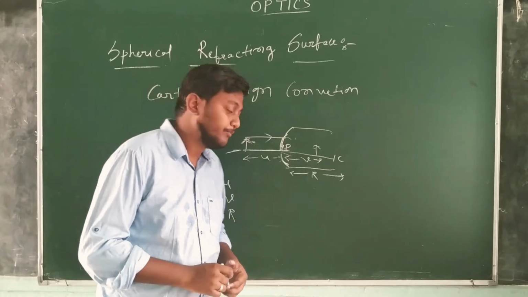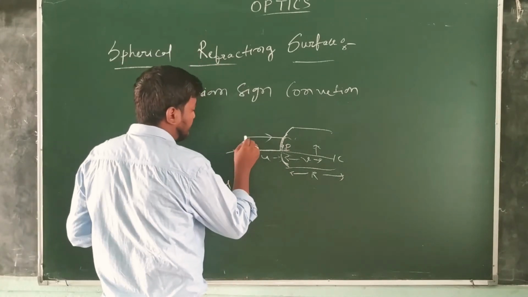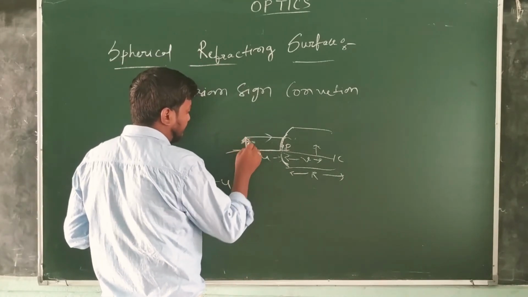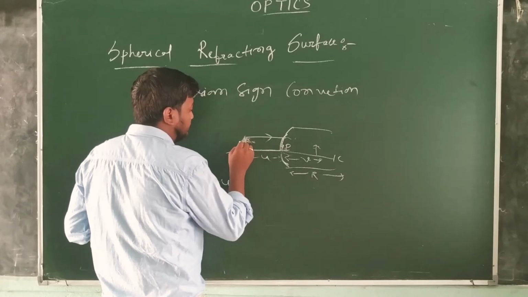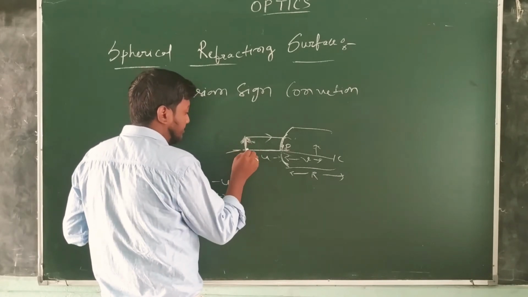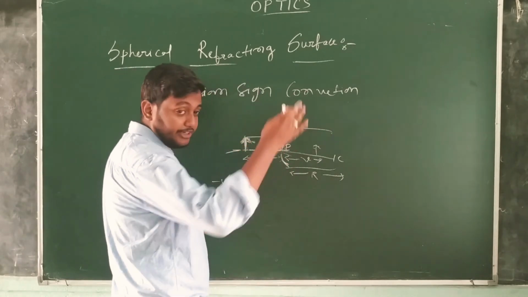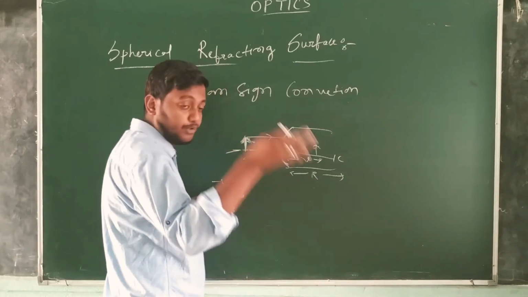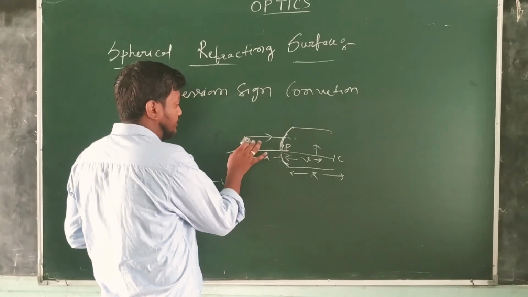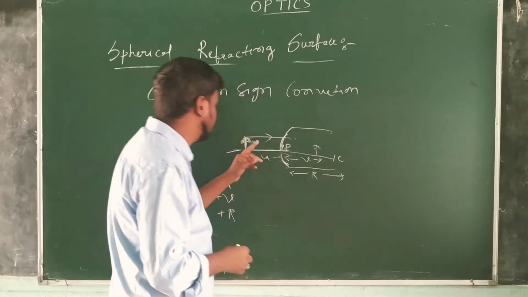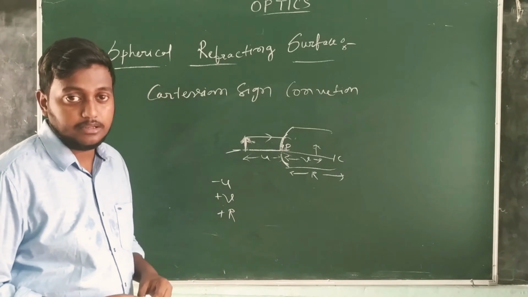Suppose this is one object, so we have to measure this object size from the principal axis in the upward direction. So this image size or object size will be positive.